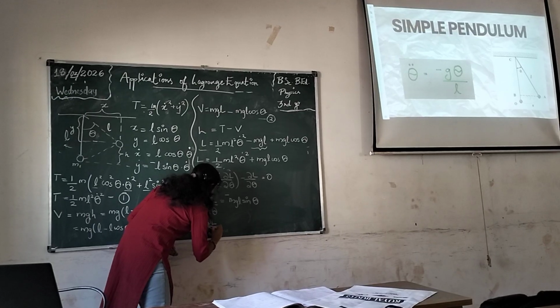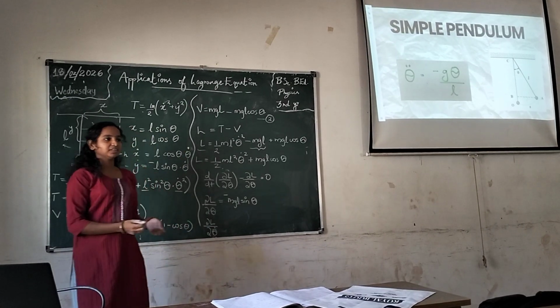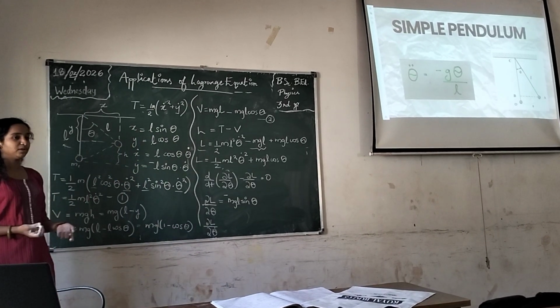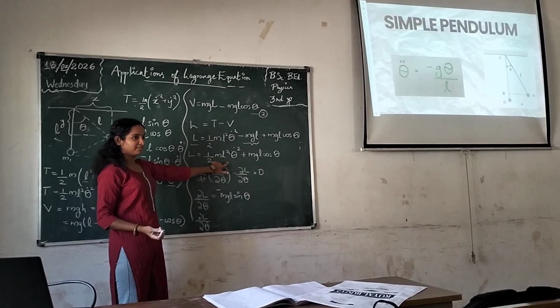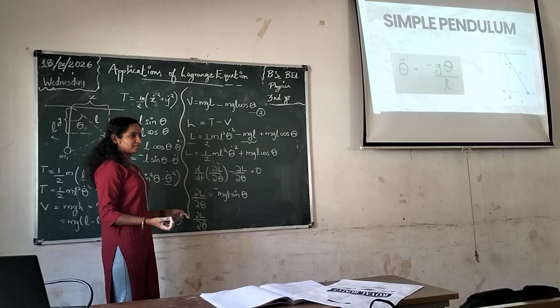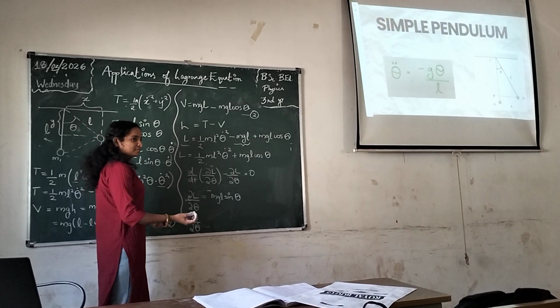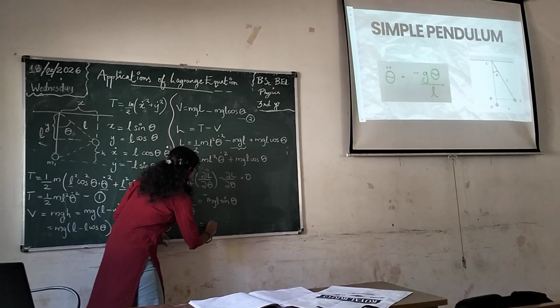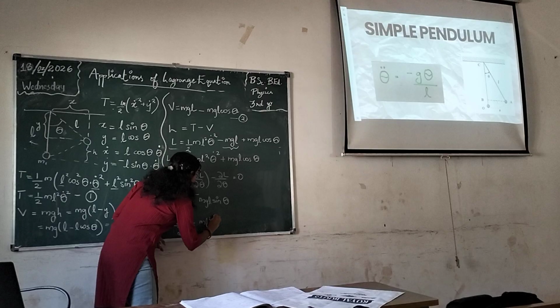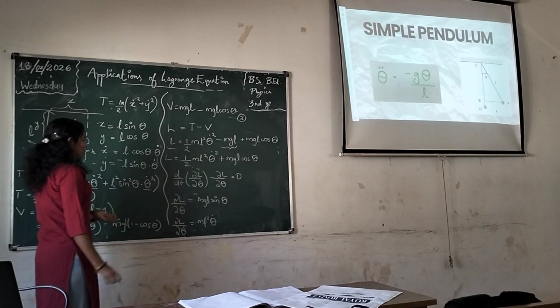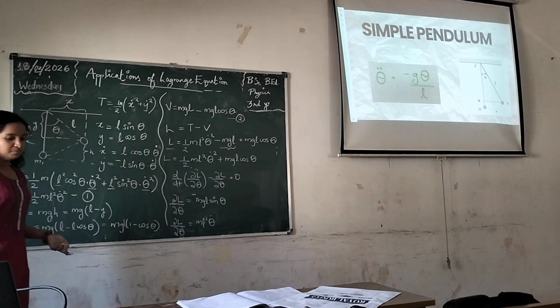What is dou L by dou theta dot? This one: m L square theta dot. So we got both the terms. Now I will be substituting in the equation.